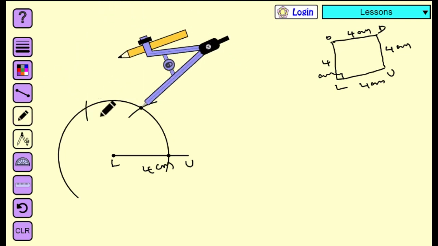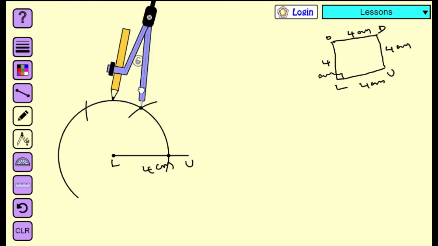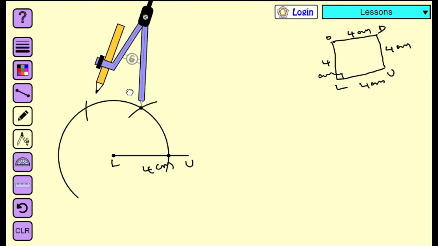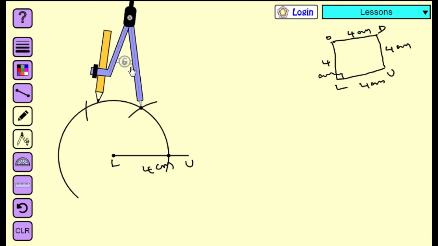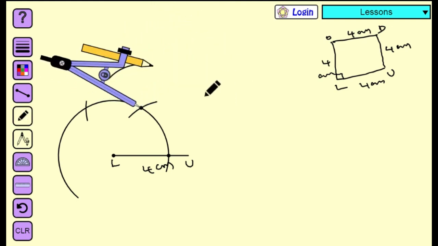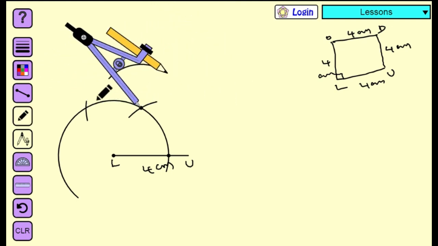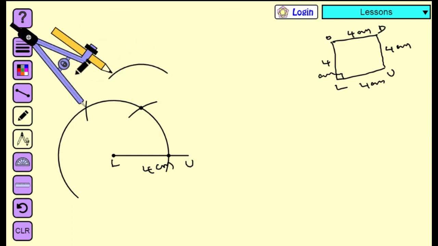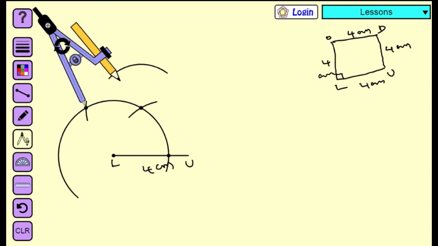Now we know this point is indicating 120 degrees. To get 90 degrees, we are going to bisect the 60 and 120 degrees points. For this, we need to take the compass radius as more than half of the length from 60 to 120 degrees. With the center at the 60 degrees point, draw an arc here. Again with the center at the 120 point, draw another arc which cuts the previous arc.